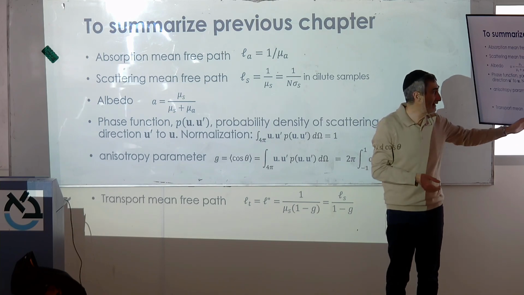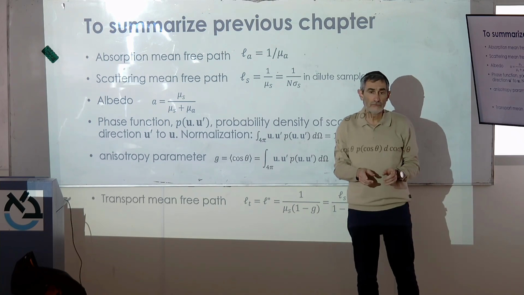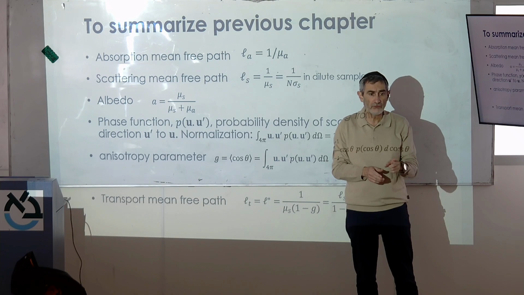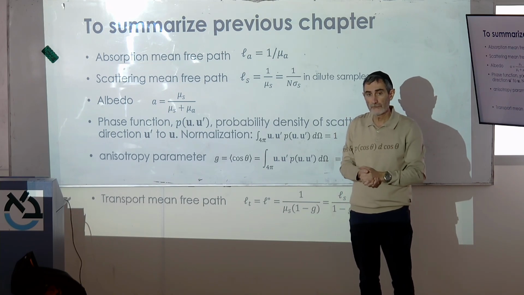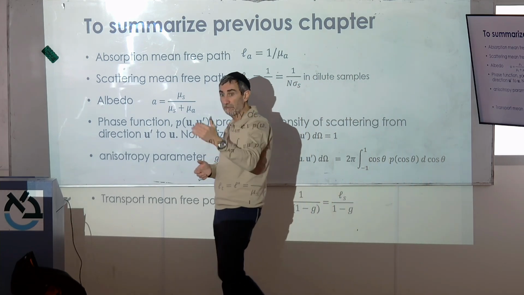And L_T is the transport mean free path, so it's the distance after which I lose the initial direction of propagation. So I don't see the source anymore.